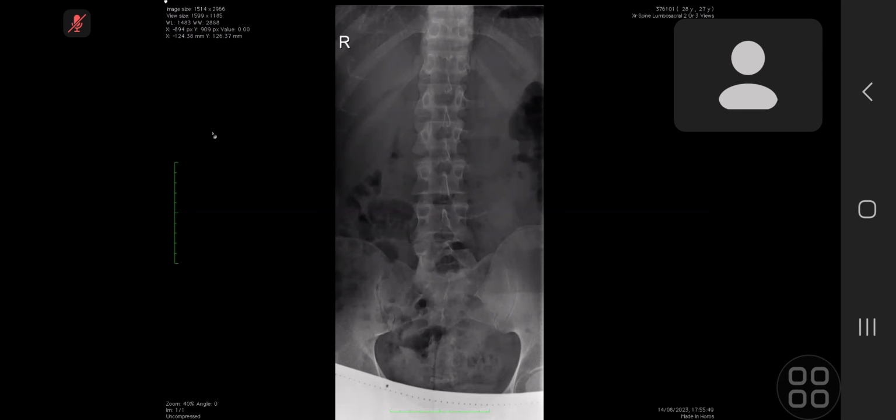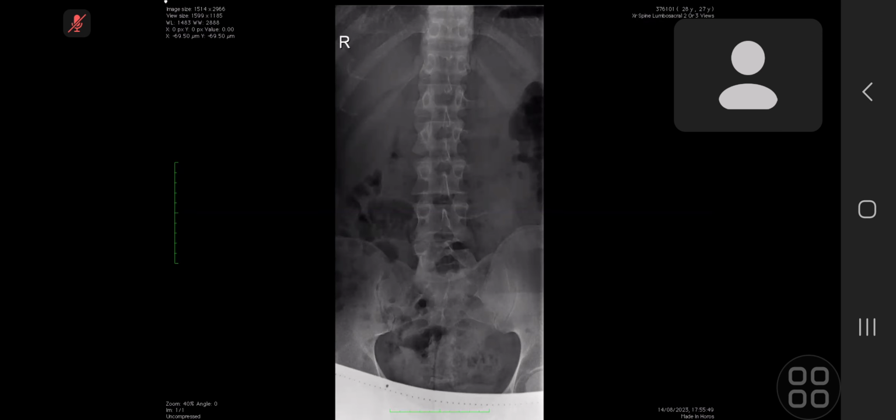Looking at the SI joints to check if there's any sclerosis, there's a slight reduction of the joint spaces, but I can't appreciate any focal sclerosis. Looking at the pedicles, I can't see any missing pedicles.